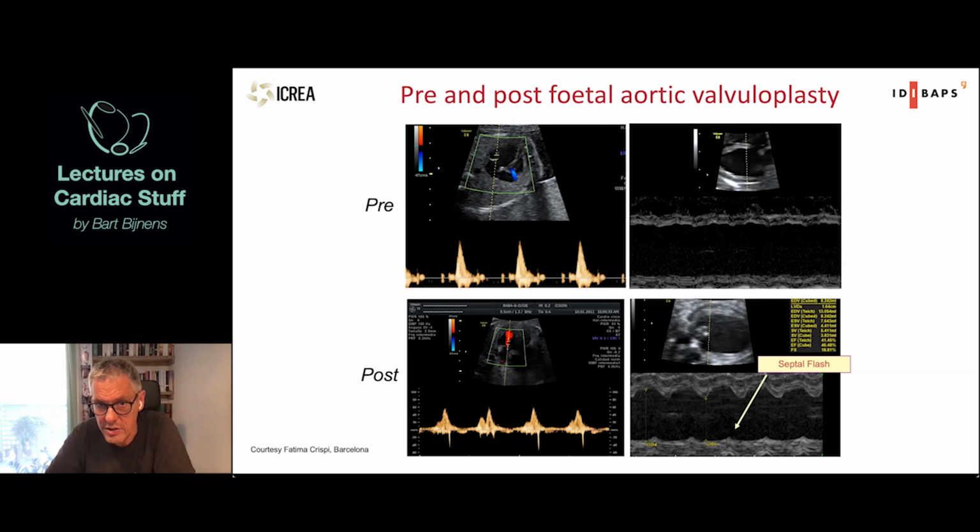You also see that because of this, you have a very abnormal filling pattern, which is very short and fused. If you release the stenosis a little bit, you start to get some normal contribution again. But the septum is not fully contributing, and it shows this very typical septal flash pattern, which is because the baby had aortic stenosis.